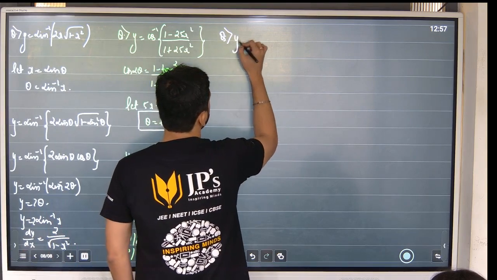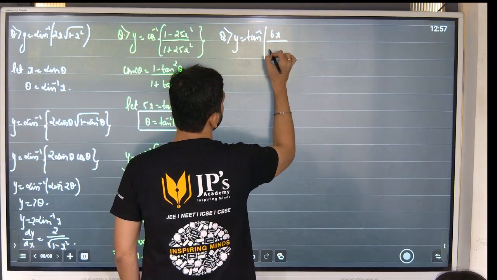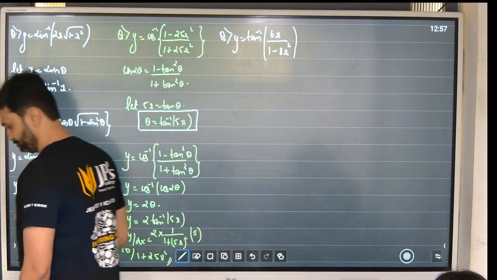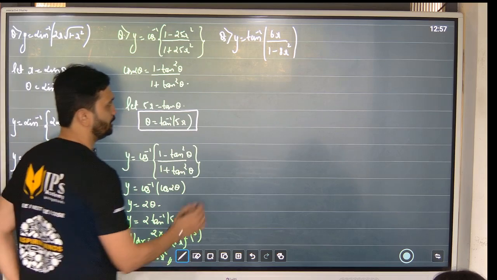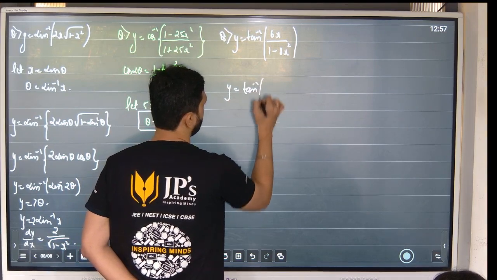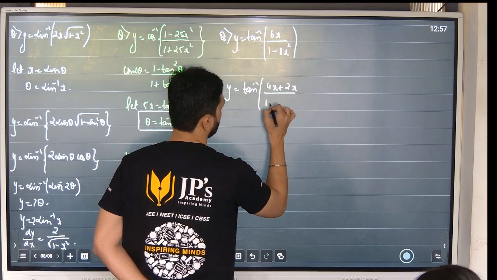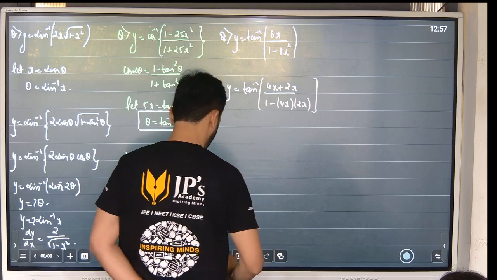if I take this question, guys, y is equal to tan inverse of 6x upon 1 minus 8x square. Now, if you remember in ITF, if I write it like this, pay attention everyone, tan inverse of 4x plus 2x upon 1 minus 4x into 2x. This looks like which formula? Can anyone tell me?